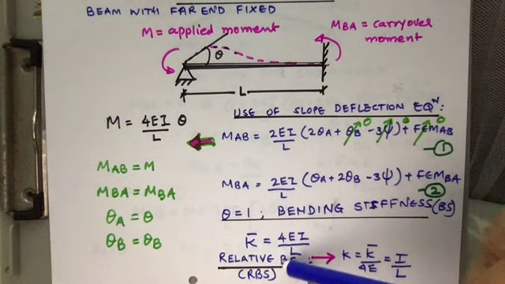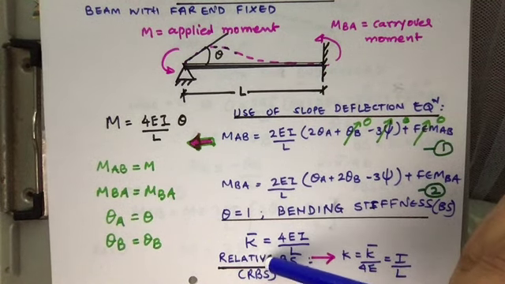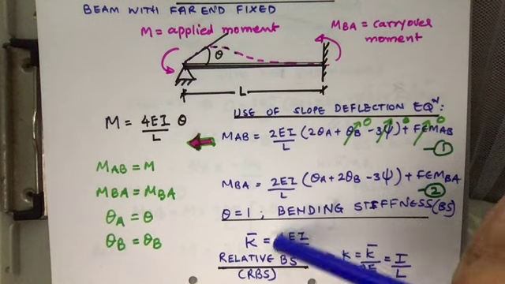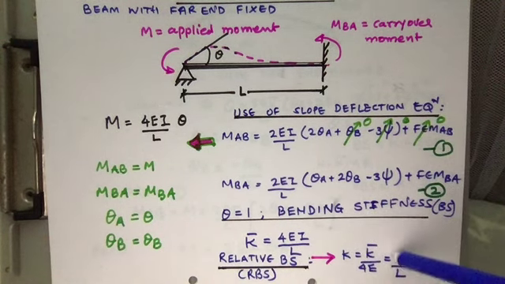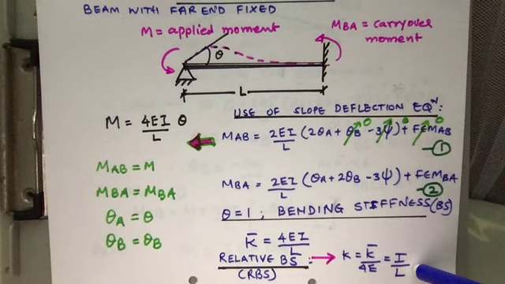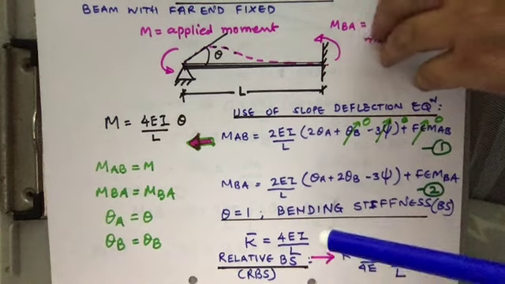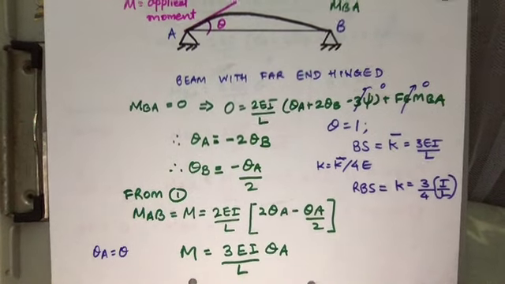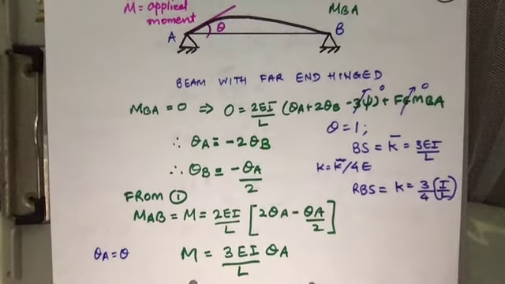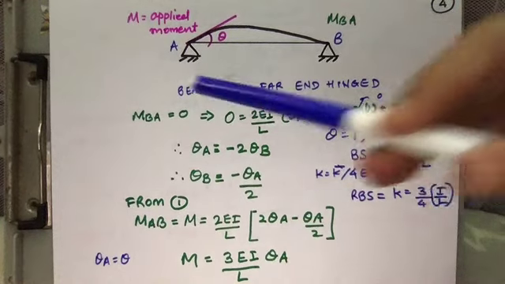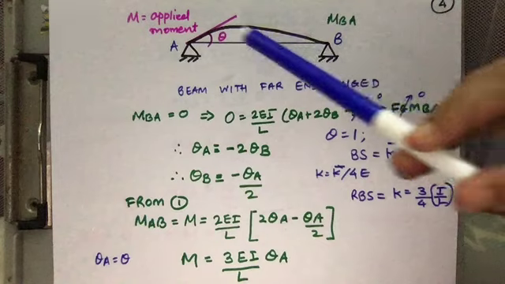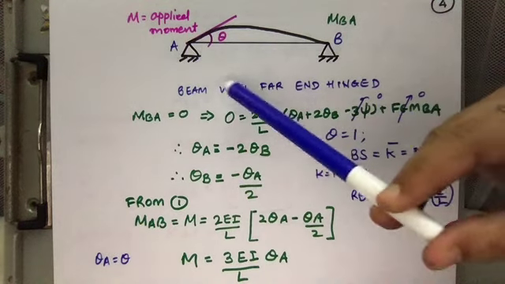Now we can also calculate a new term, which is relative bending stiffness: you divide this bending stiffness by 4E and it gives you I by L. Now consider the second case, where the other support is a hinge and both ends are hinge.